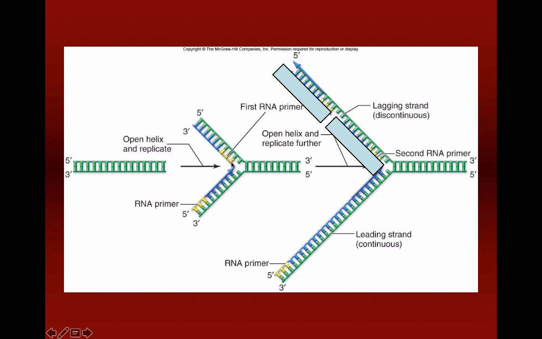This is a primer of RNA that was created by DNA primase. And so once these RNA primers are in place, once they've been created by DNA primase, then DNA polymerase can come in and start synthesizing new DNA. So on this new strand, the yellow is an RNA primer, and the blue is the new DNA. Same thing down here. The yellow is an RNA primer, and the blue is newly created DNA.